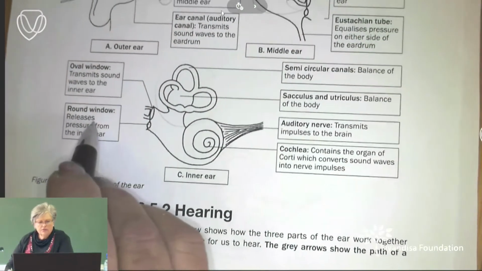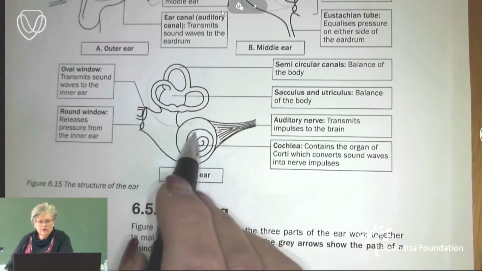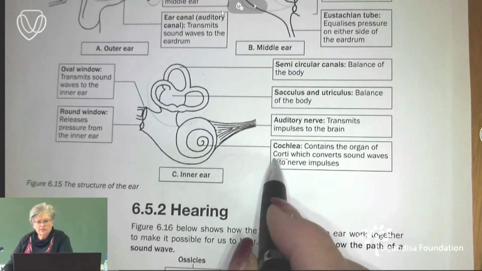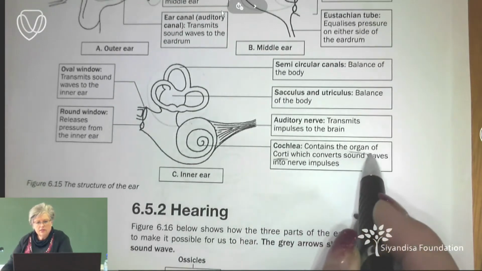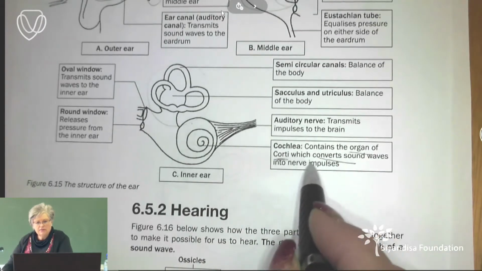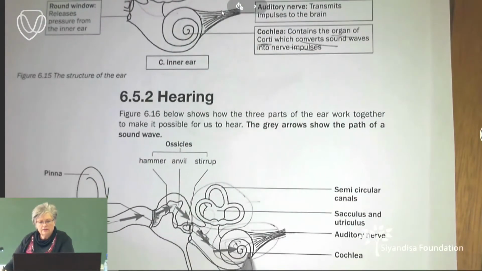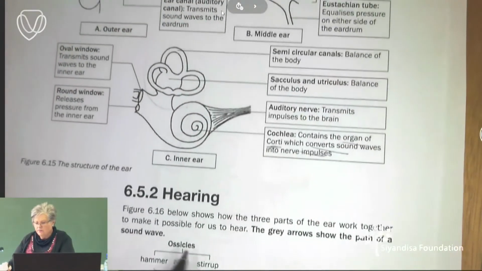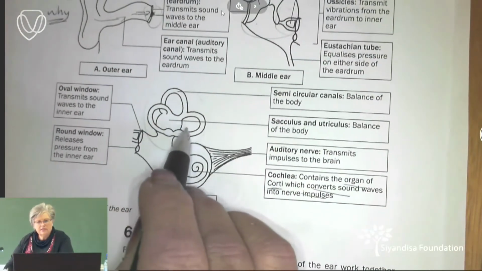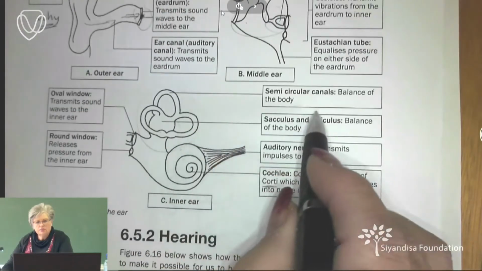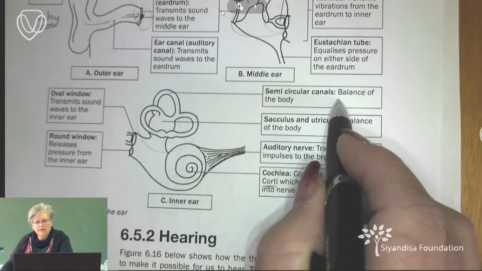So if we look here at the cochlea, it contains the organ of Corti, the organ of Corti, which converts sound waves into nerve impulses. So the function of the cochlea is hearing related. Okay? While the function of the semicircular channels in the body is to maintain the balance.